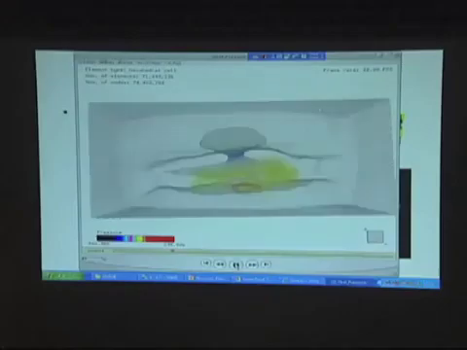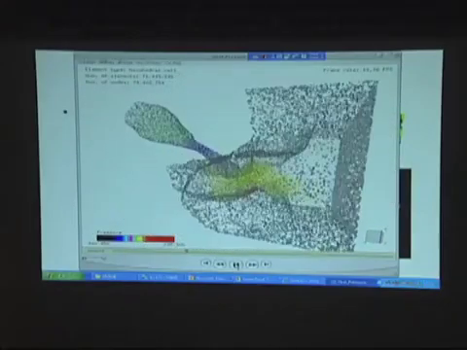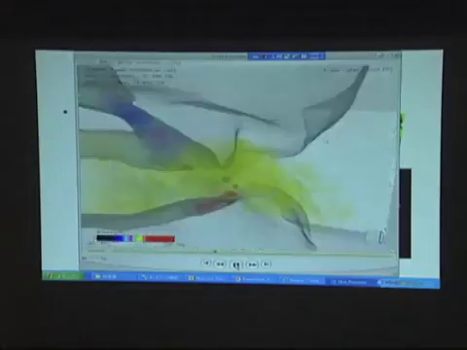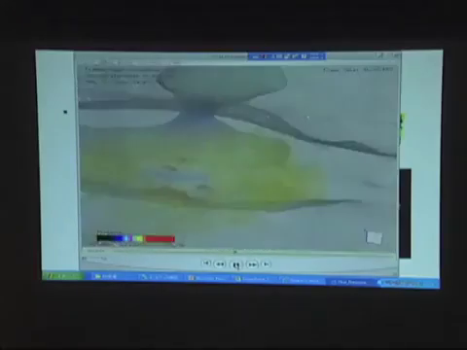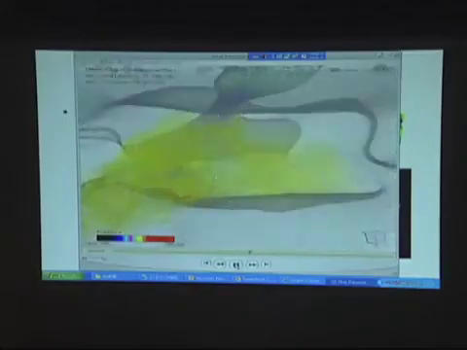Then we get closer to the periphery of the mouth, and you can see the color distribution. The color distribution represents the three-dimensional distribution of the air coming out of the mouth, and the particles are actually injected. So visualization is also based on the use of very fine particles.